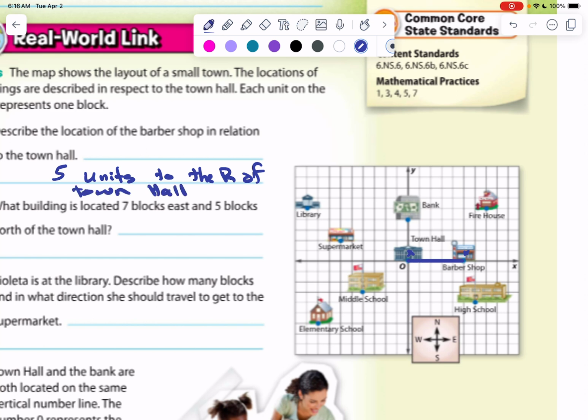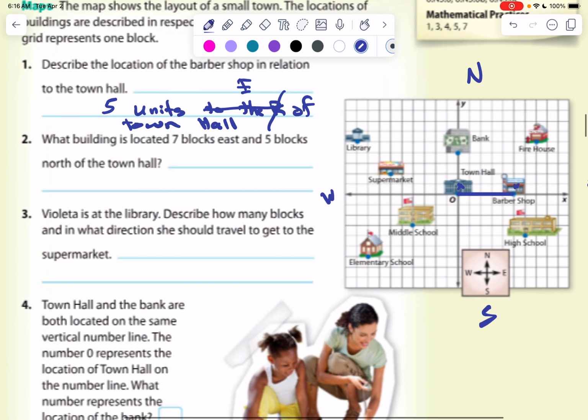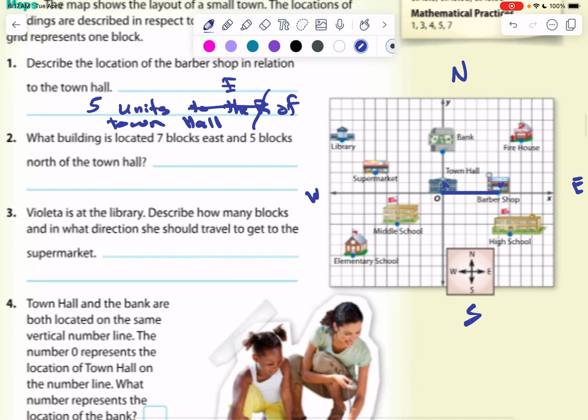If we wanted to get really fancy, we could say north, south, east, west, and say that the barber shop is 5 units east of Town Hall. Cool. Okay. What building is located 7 blocks east and 5 blocks north of the Town Hall?